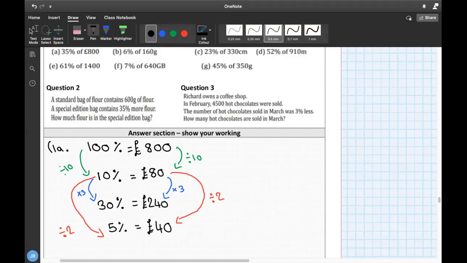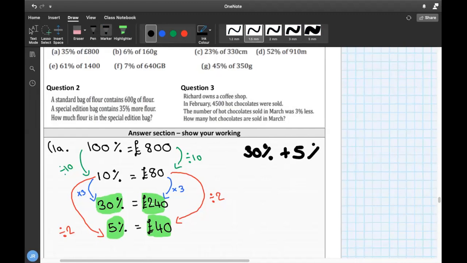Now I need 35%. I can get to 35% by doing 30%, add 5%. And I now just need to do the same thing with my amounts. £240 is 30%, £40 is 5%. So the final step would just be to add those together. Okay, 30% plus 5% gives me 35%.